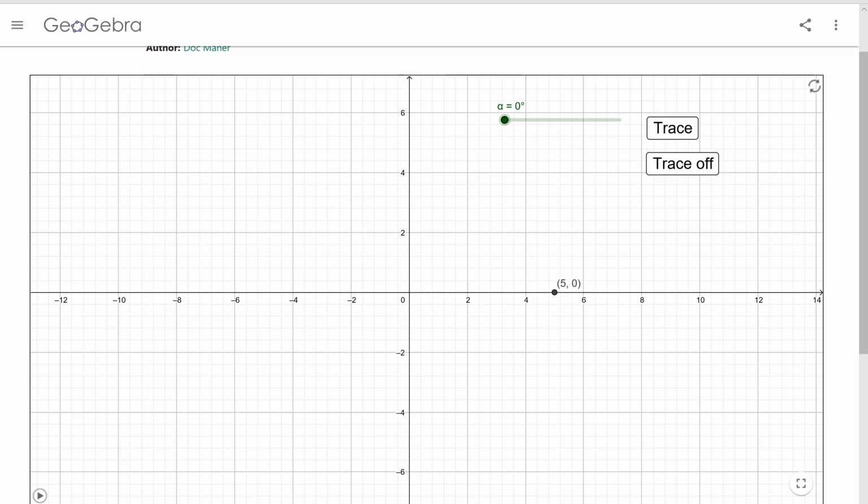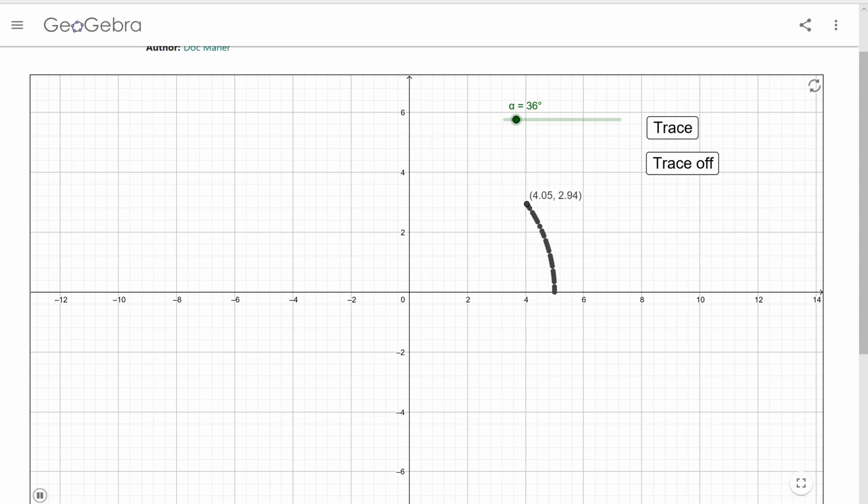So just to refresh your memory, a quick look at the parametric equation of the circle in GeoGebra. So again, here we have the point calculated according to the x value being r cos theta. So that is obviously r equals 5, so 5 cos theta, and the y value being 5 sine theta, we're going to make the angle vary from 0 to 360, and we might as well switch the trace on.